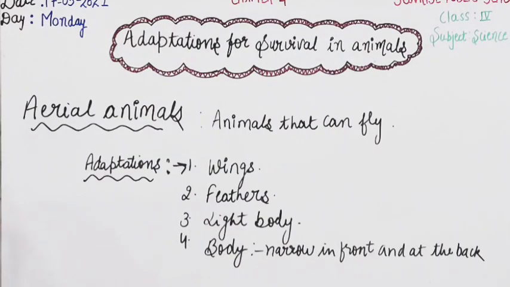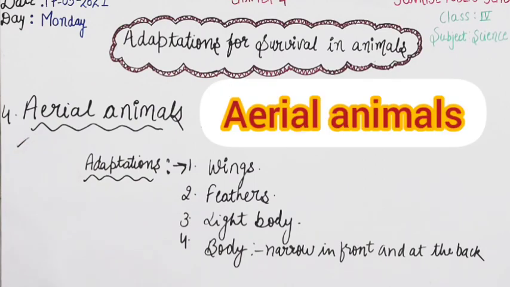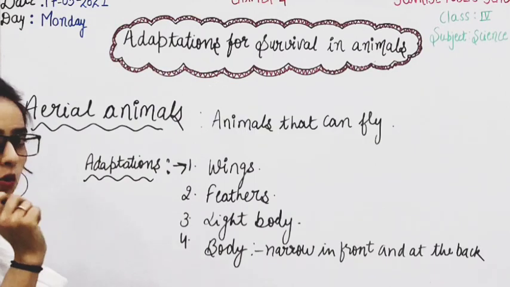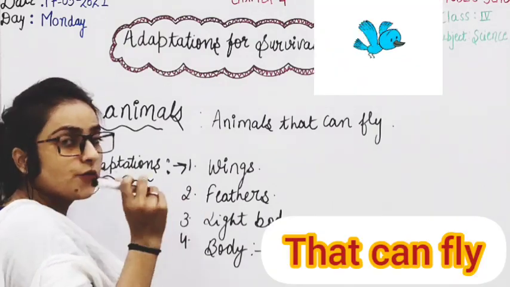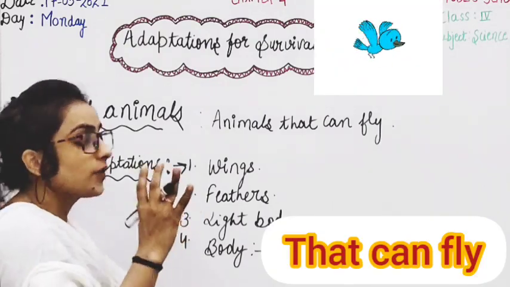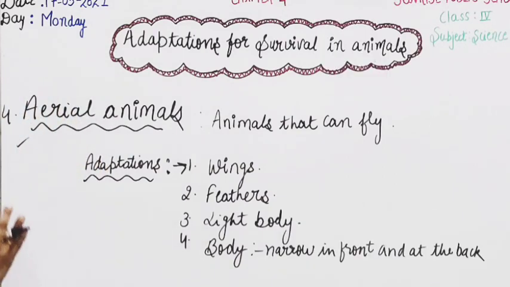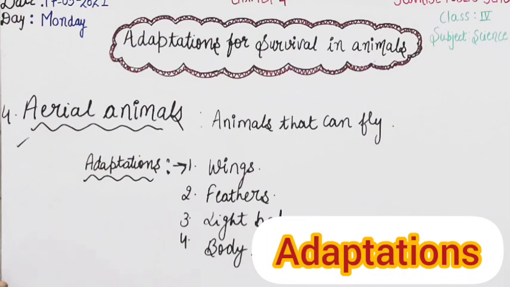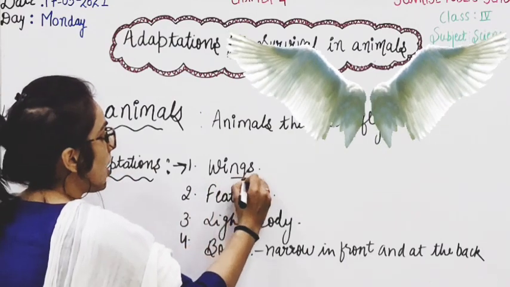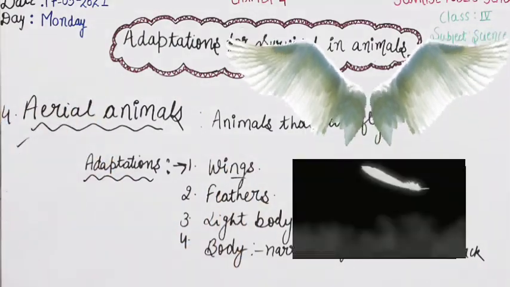Now let's discuss the fourth category of animals, that is aerial animals. Aerial animals are those animals that can fly in the sky, and they have various adaptations. For example, they have wings and they also have feathers.